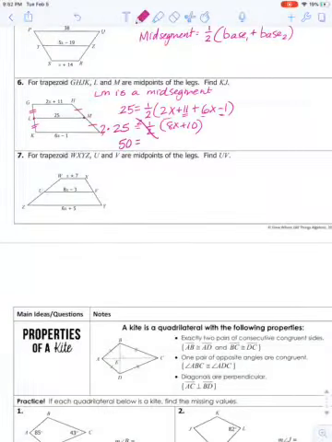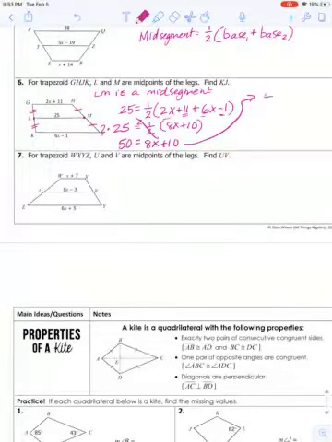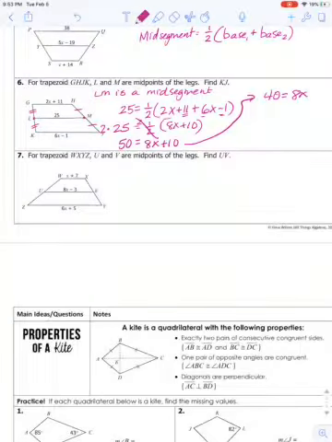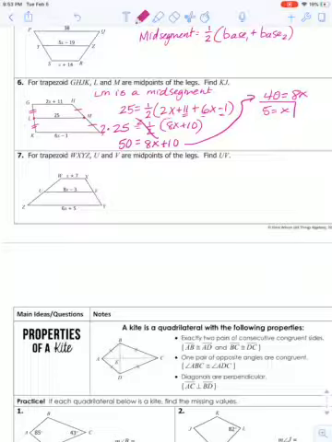Doesn't matter. So I get 50 equals 8x plus 10, because I canceled out the 2 and the 1/2. I subtract 10 from both sides to get 40 equals 8x. Divide both sides by 8. So x is equal to 5.